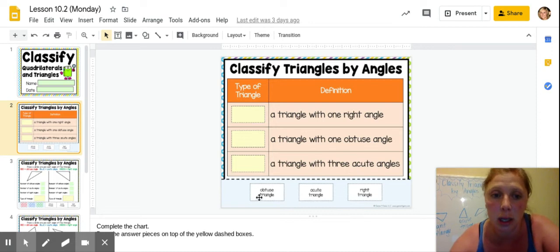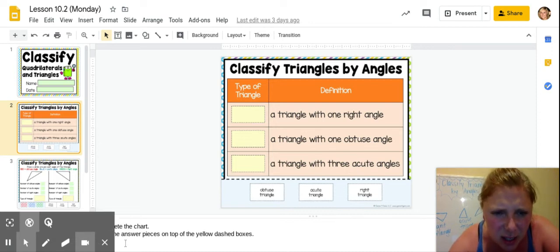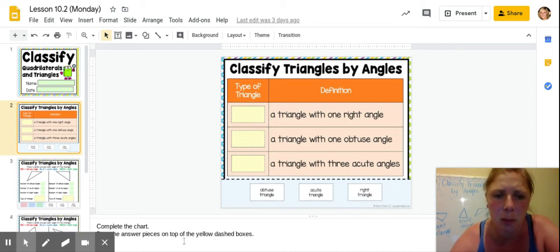You're just going to move the pieces to the top of the yellow dash boxes. So like, okay, a triangle with one right angle. Is it an obtuse triangle, an acute triangle, or a right triangle? Use that reference sheet. It will help you tremendously. Print it out. Have it with all your stuff. Okay, so you're gonna move the triangle types to the definitions.